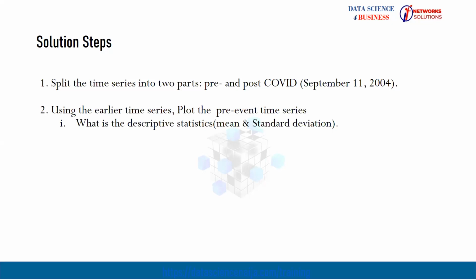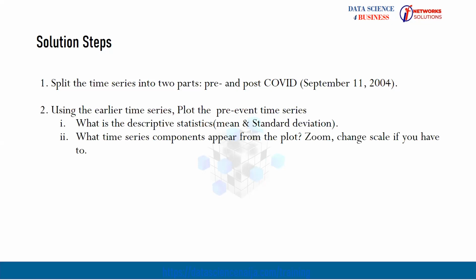What are the descriptive statistics, the mean, the standard deviation? Then what time series components appear in the plot? Because that's where to start from. If we know the time series components that appeared, we can say, okay, whatever components we have, let's go that way in order to do the forecast.